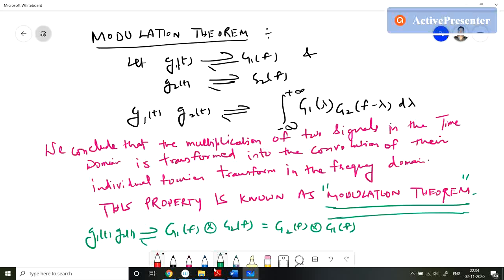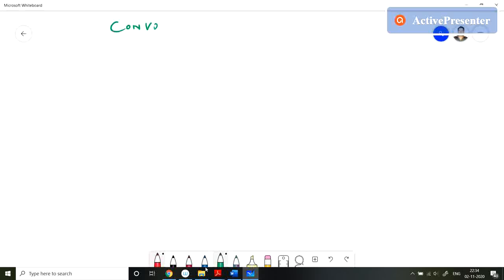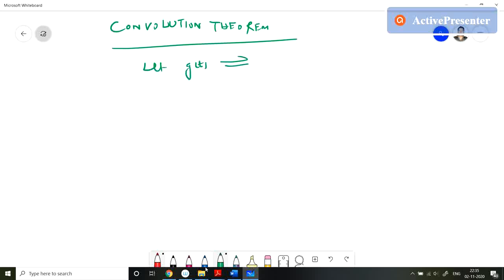The next property is the convolution theorem. According to this theorem, let g1(t) have Fourier transform G1(f), and g2(t) have Fourier transform G2(f).